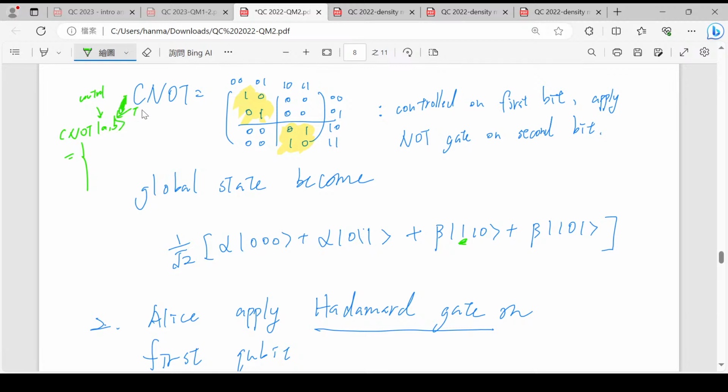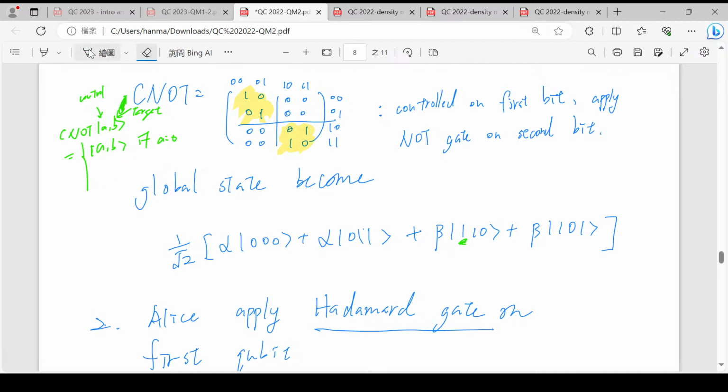And what happens is if A equals 0, you do nothing, and if A equals 1, you do NOT on B. So I tensor X on AB, or maybe I write this way.